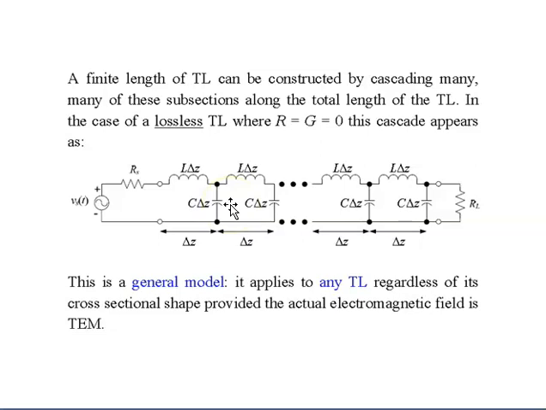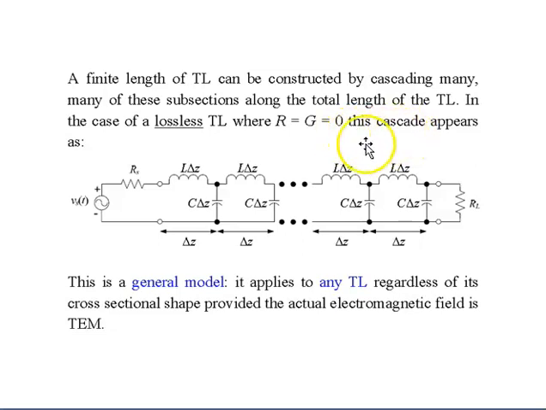In the case of a lossless transmission line, which is an ideal case, the resistance R and the conductance G are equal to 0. So there are no losses. It is lossless.